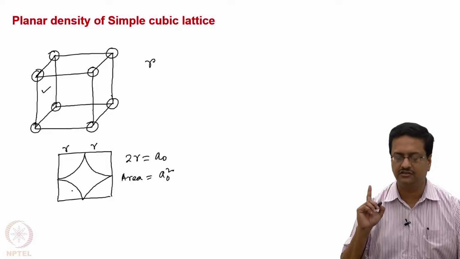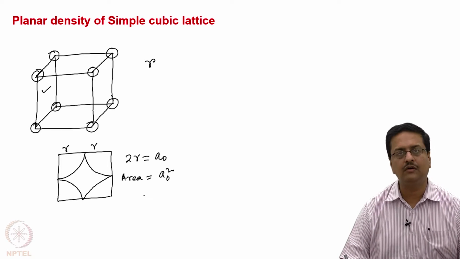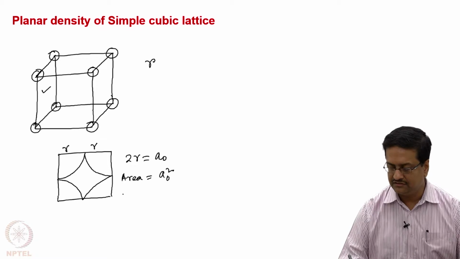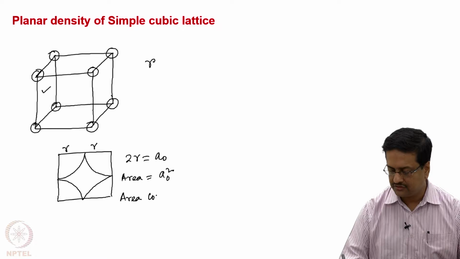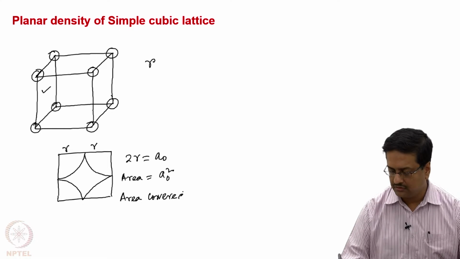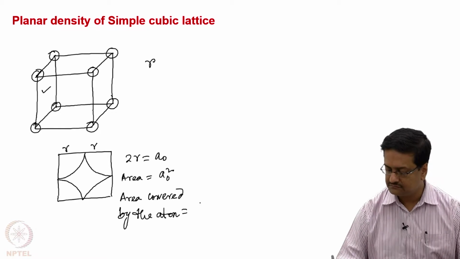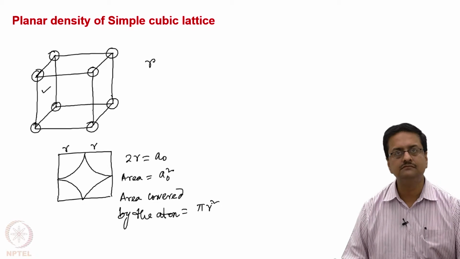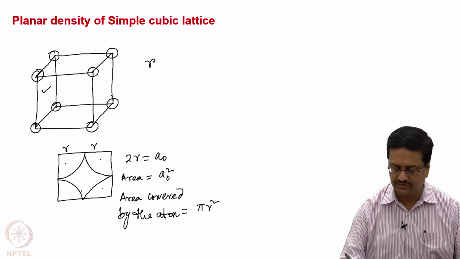That means we have the contribution of 1 atom, and the area covered by the atoms is pi r square, because it is equivalent to 1 atom, since you have 1/4, 1/4, 1/4, 1/4.